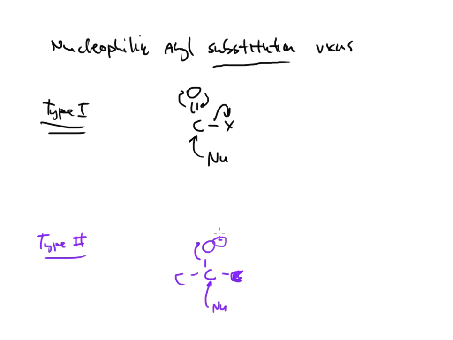The nucleophile just gets added on. So because of that, these are called nucleophilic addition reactions. So that is the new title, or the classification, that these reactions will undergo.